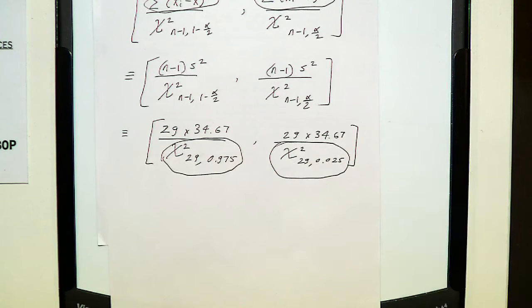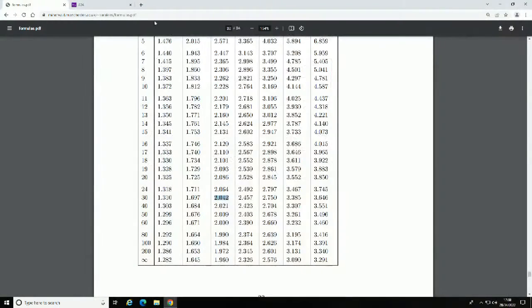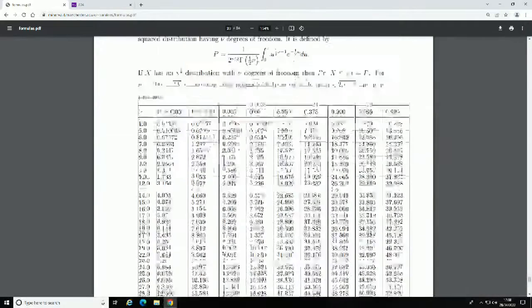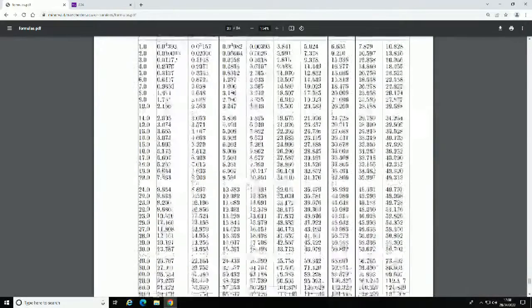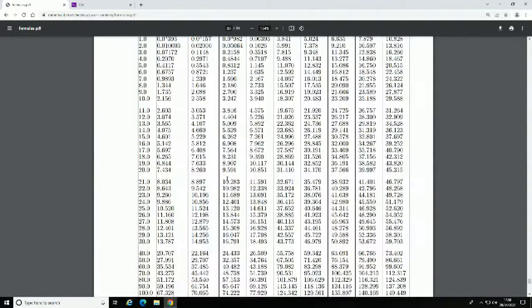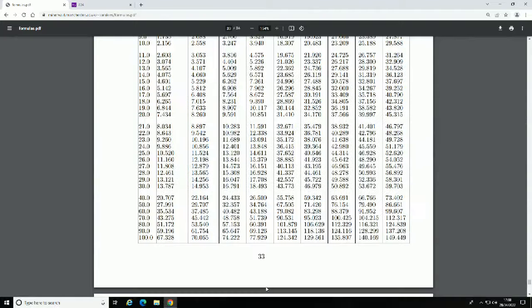Let me show you one more time. If you don't know where it is, I will show you. This is the table for the chi-squared distribution. So to read, there is 29 degrees of freedom here. This is the 29 degrees of freedom. So you read it along this row, right? You follow me.